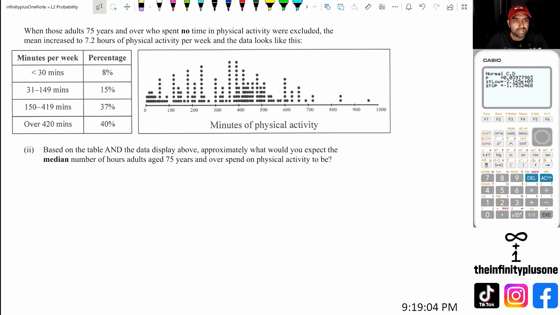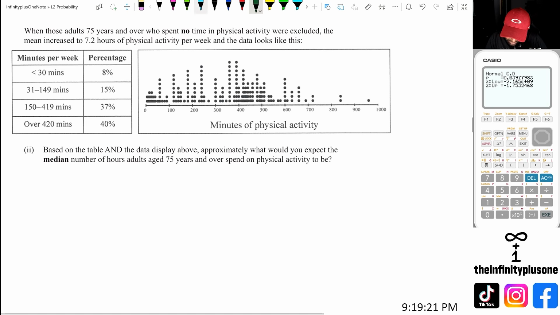Okay, so part 2 says: when those adults 75 years spend no time in physical activity. Based on the table and data display, approximately what would you expect the median number to be? Now for the median, I want to have 50%.